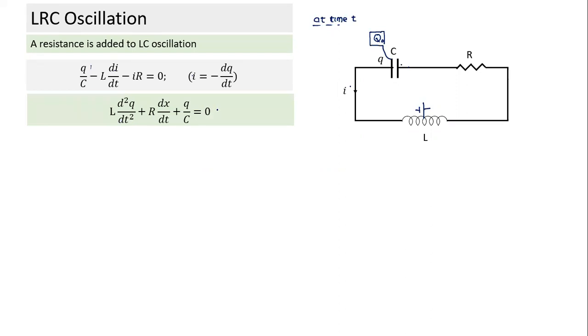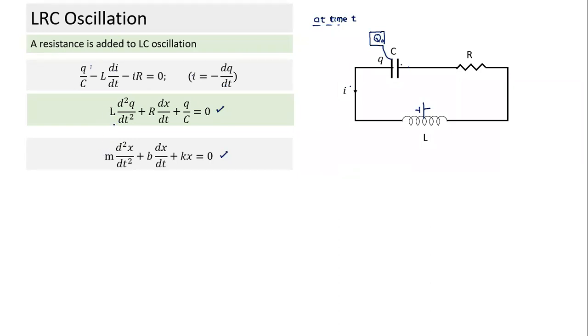Then I compare this with the equation of mechanical oscillation, the equation for a spring-mass system with a viscous force. What I notice is that these equations are almost identical.